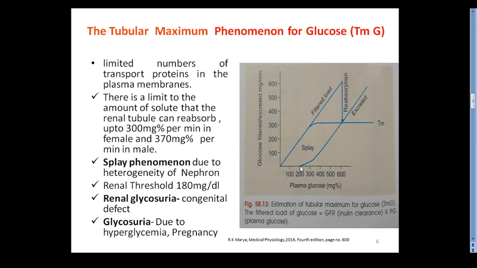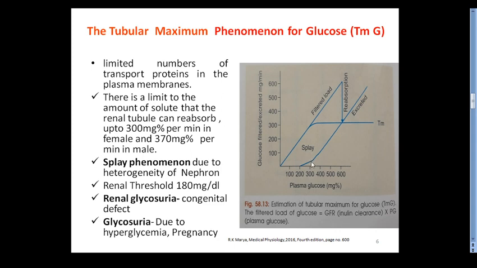When the plasma glucose concentration increases from 200 to 300, there is a small curve. There is not a linear line, because all the nephronal tubules do not get saturated at a time. They get saturated at different times. That's why there is a little bit of curve in this plot. This line is showing the excretion of glucose. Up to 300, there is a little bit of reabsorption also. That's why there is a curve.